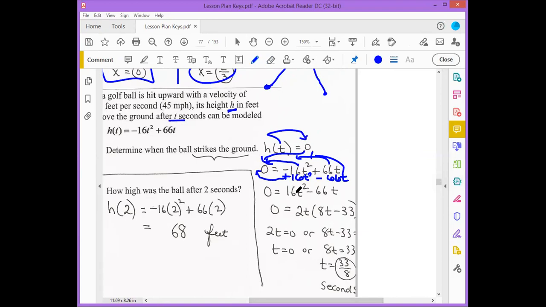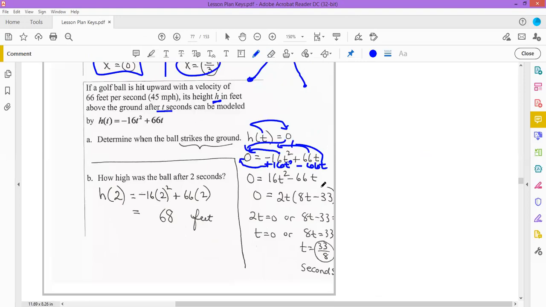Now, looking at 16t squared and minus 66t, from both of these terms we have 2t that we can factor. When we factor 2t from 16t squared, we get 8t in parentheses. And when we factor 2t from minus 66t, we get minus 33 in parentheses.